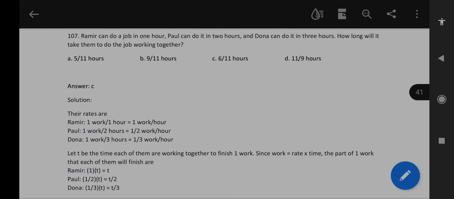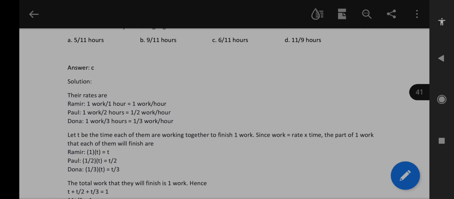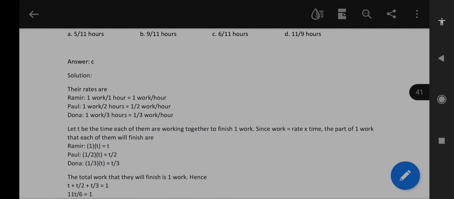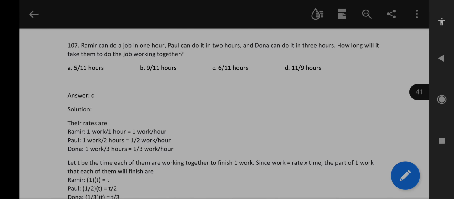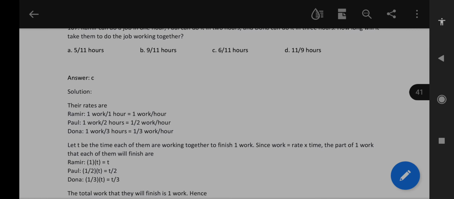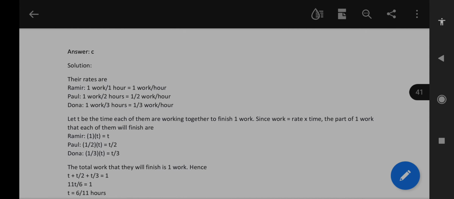Let T be the time each of them are working together to finish one work. Since work is equals to rate times time, okay, the part of one work that each of them will finish are, makagawa ka ngayon ng equation, dyan, yung kay Ramir 1 times T is equals to T, kay Paul 1 half times T is equals to T over 2, kay Donna 1/3 times T is equals to T over 3.